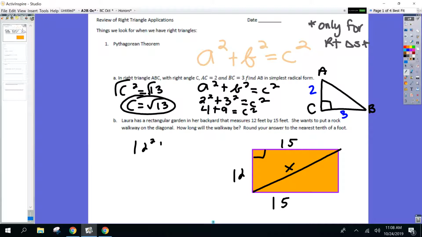12 squared plus 15 squared equals c squared.